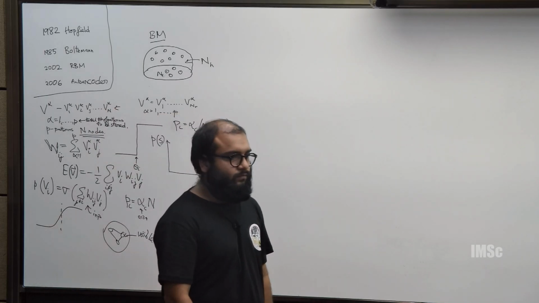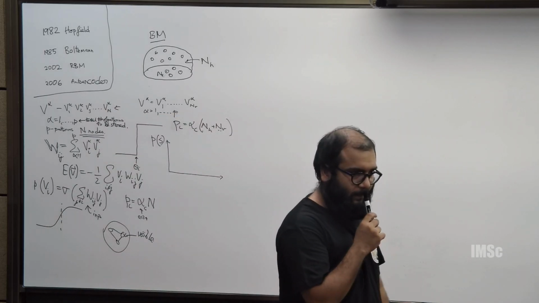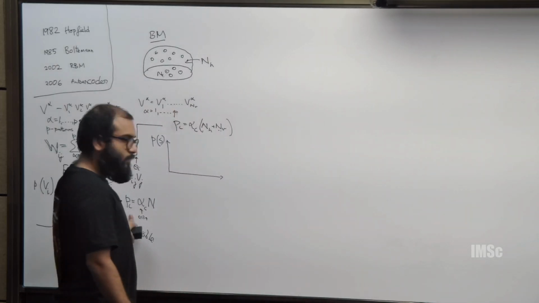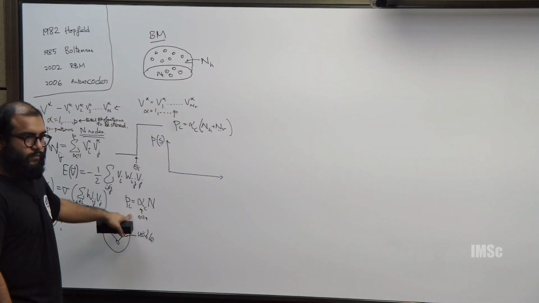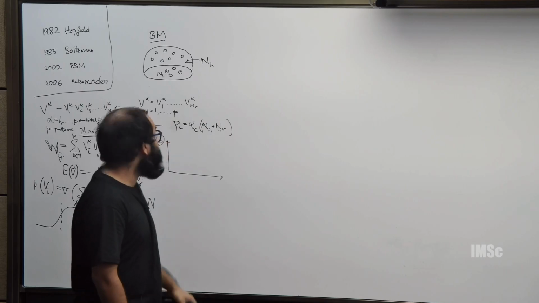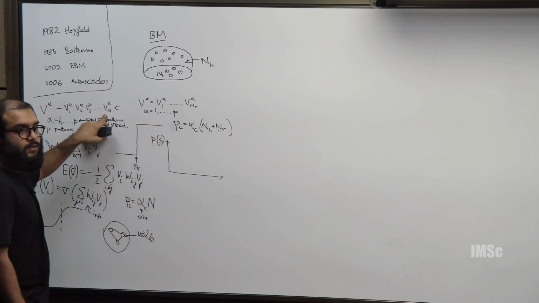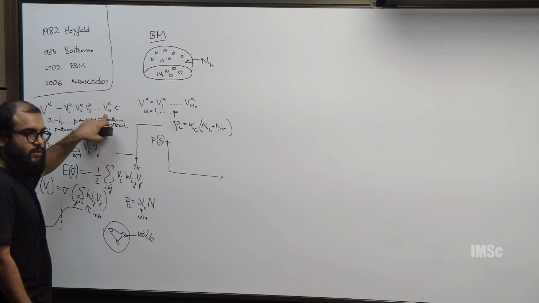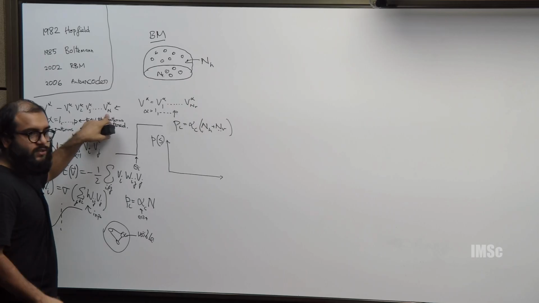So what's the point of hidden nodes? If we increase the number of nodes in a normal Hopfield network, would we not get the same thing? How will you do that? So let's say you're trying to store this, right? You have a specified number of neurons. So how can you change the neurons if the number of specified neurons is fixed?